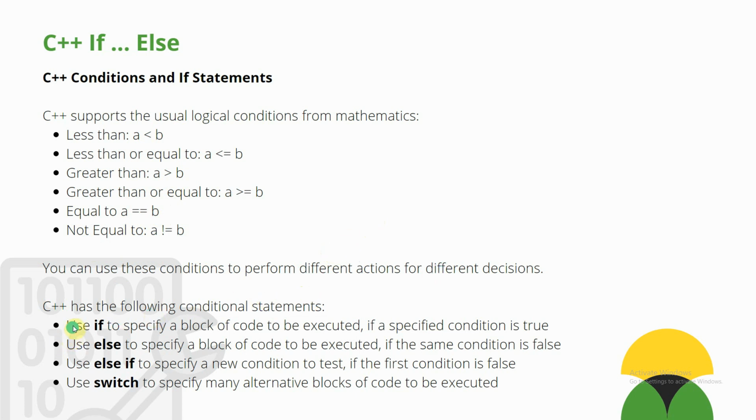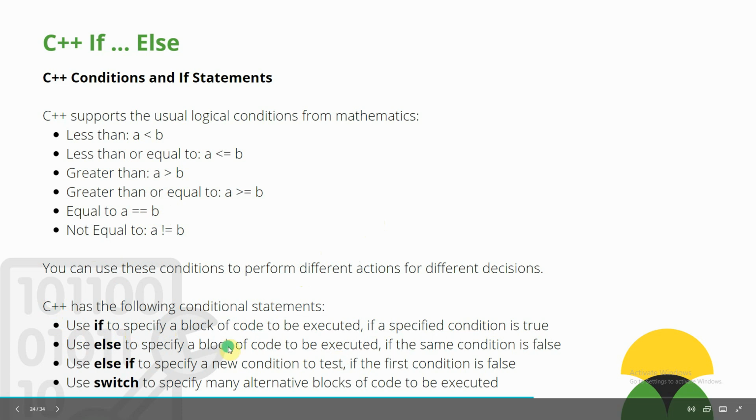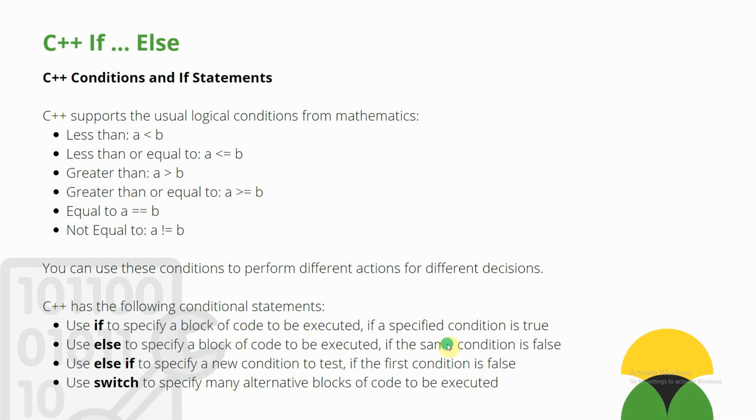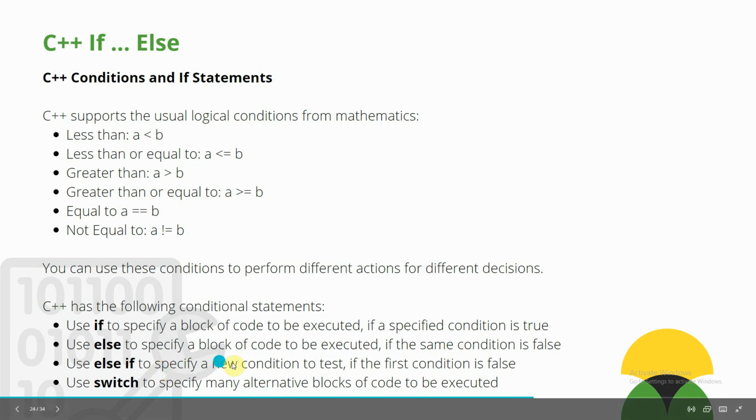Use if to specify a block of code to be executed if the specified condition is true, and else to specify a block of code to be executed if the same condition is false. Else if specifies a new condition to test if the first condition is false, and switch specifies alternative blocks of code to be executed.